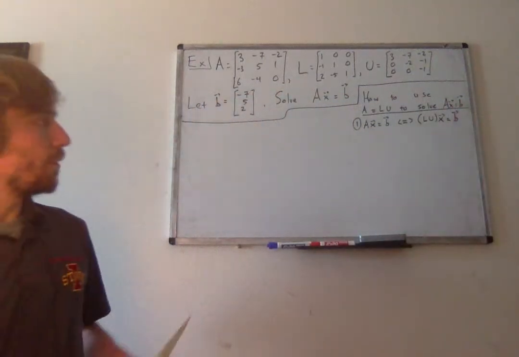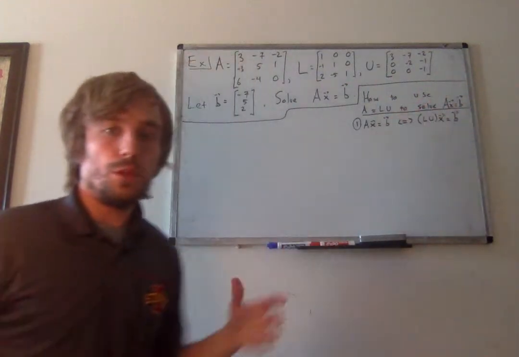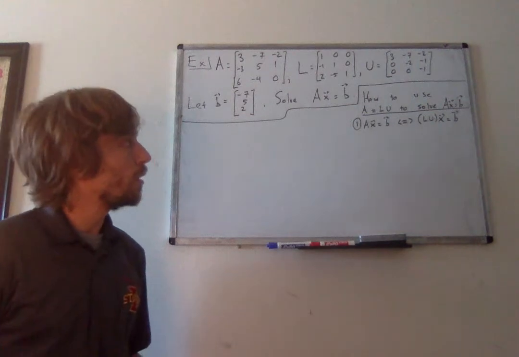If AX equals B, then LU times X equals B. That's just because we've assumed A is equal to L times U.